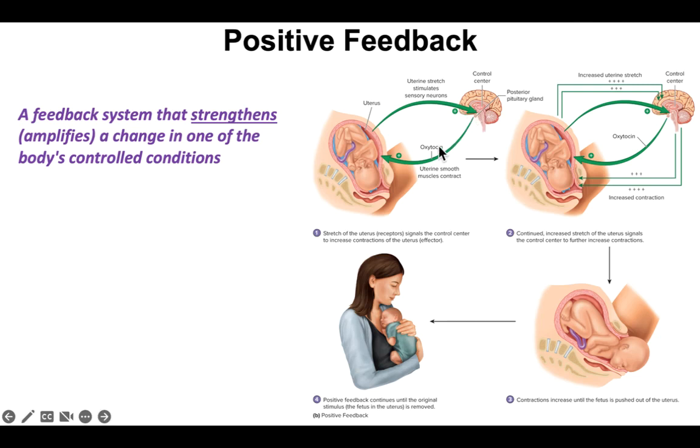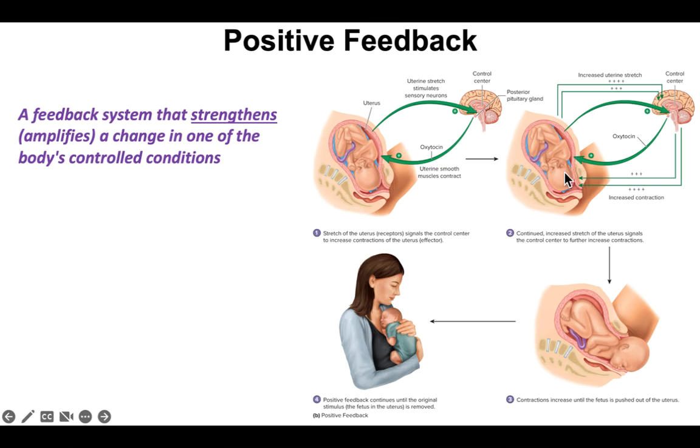The hormone is called oxytocin. Now we're going to learn this hormone in A&P2, but oxytocin stimulates the muscle of the uterus. So now we get that muscle contracting. What happens when the muscle contracts? It pushes that baby even more. What does that do? It stimulates those stretch sensors even more and sends even more signal to that brain. Then we produce even more oxytocin.